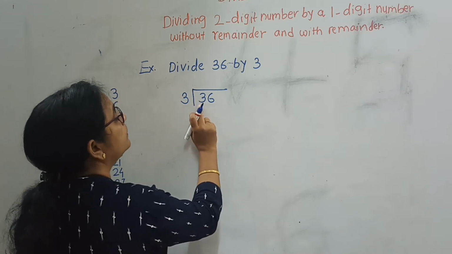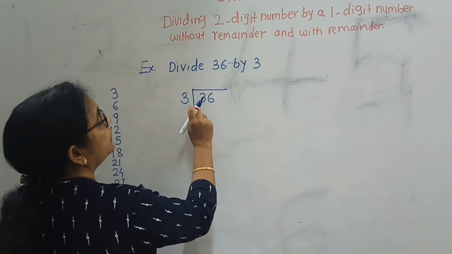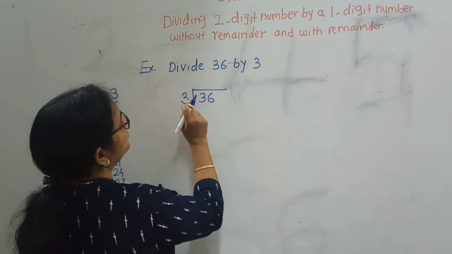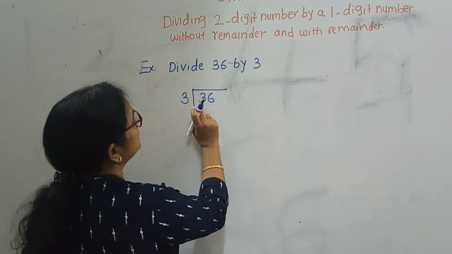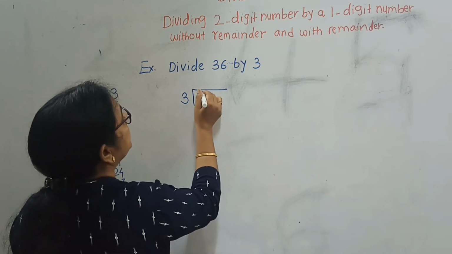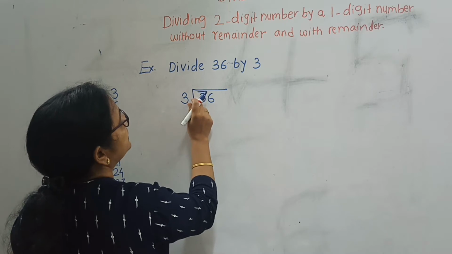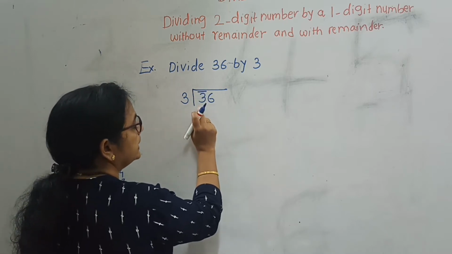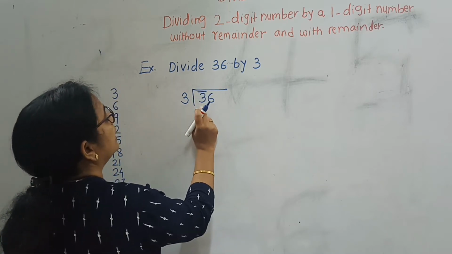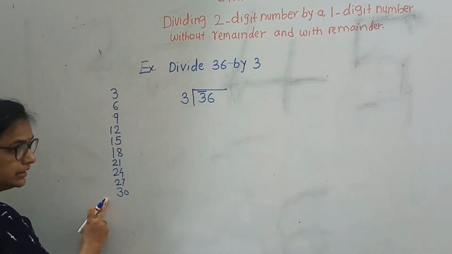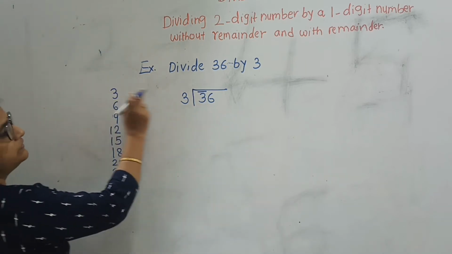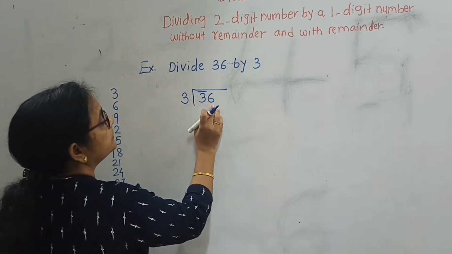Now we have to divide first. In division we divide the tens place first. So you can take this tens place first. Here is the number 3. Now is there 3 in the 3's table? Yes, of course. 3 1s are 3.